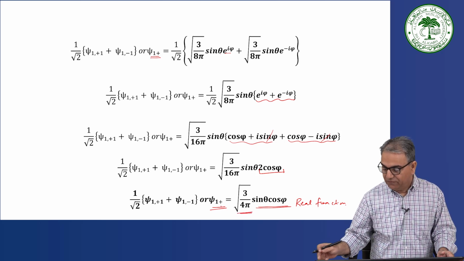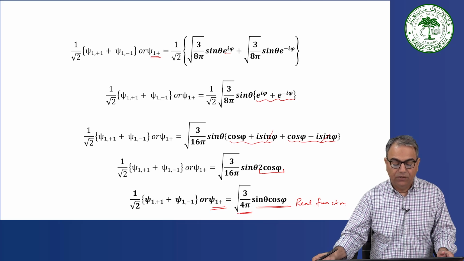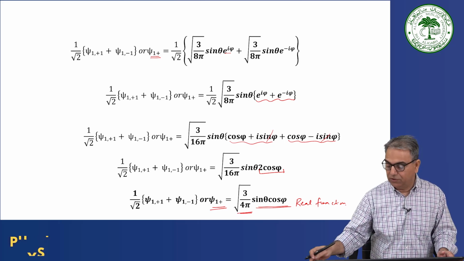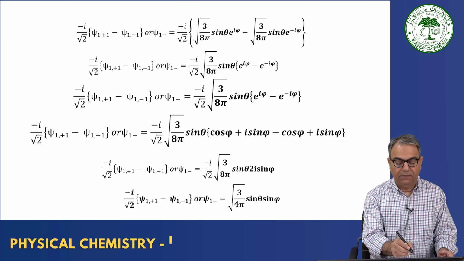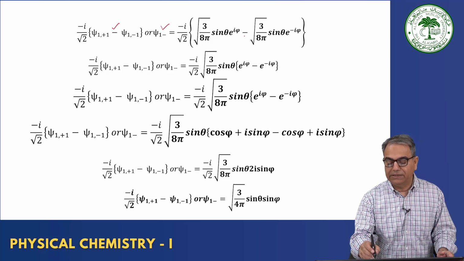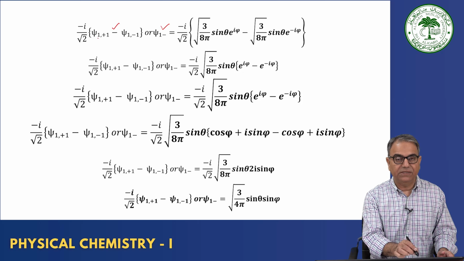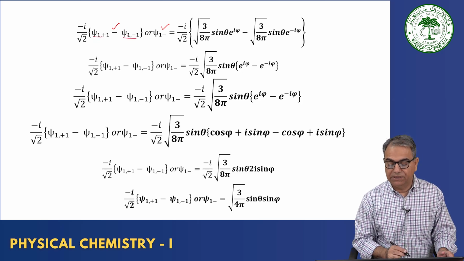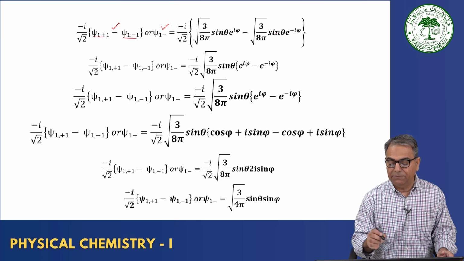Once you have this function, similarly you can have a negative combination also, psi 1 minus, where you have a minus sign here. Rest of the function remains the same. And what does this negative combination mean?